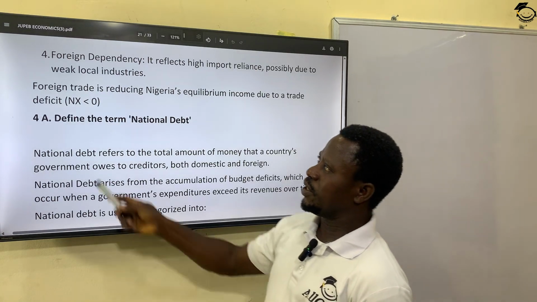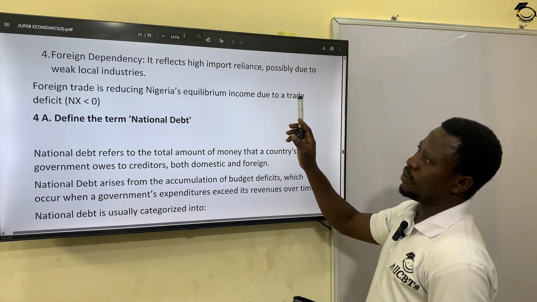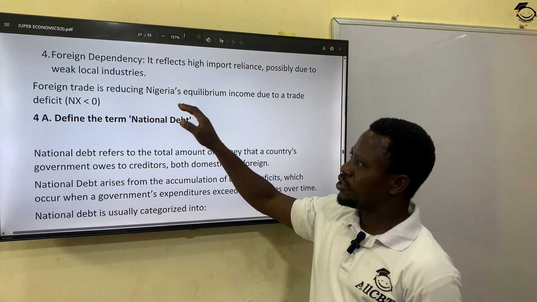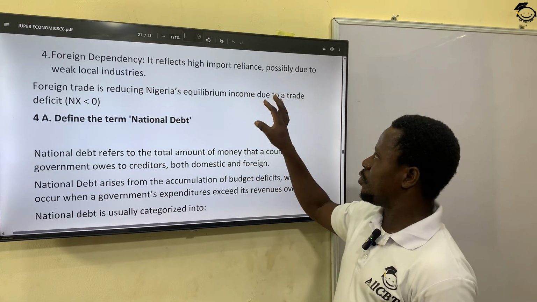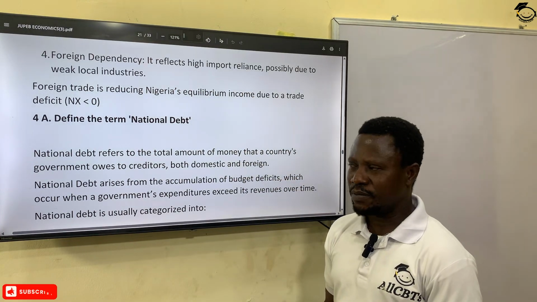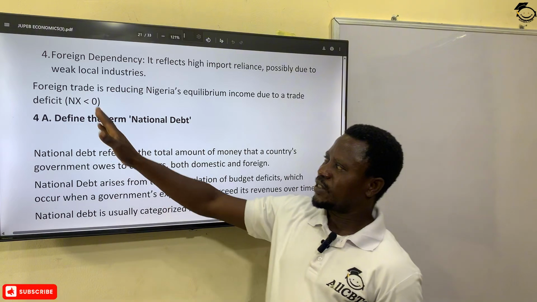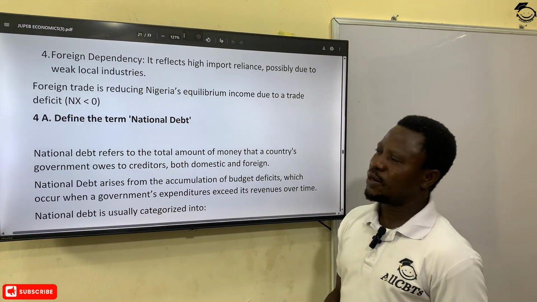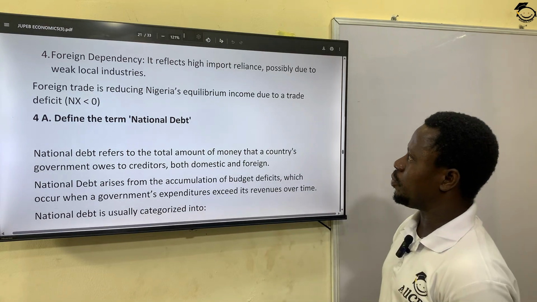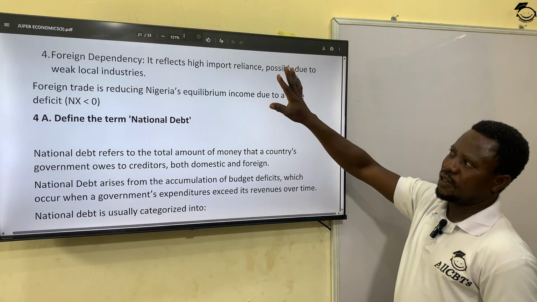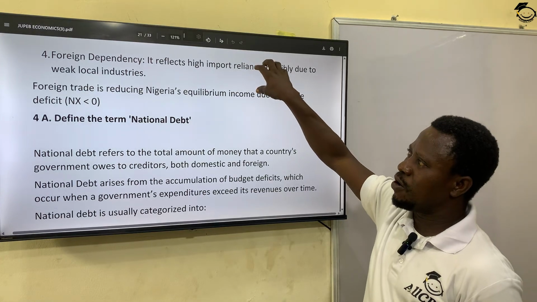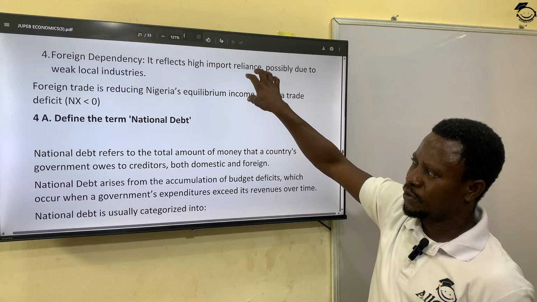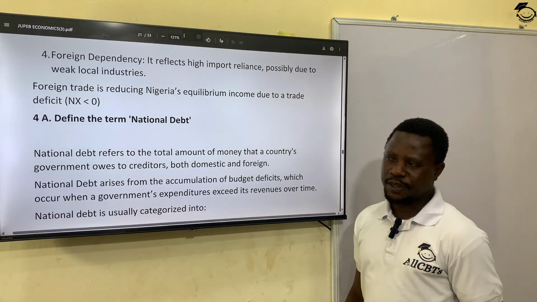So at the end of the day, foreign trade is reducing the equilibrium income due to a trade deficit. Our income is reducing year by year because we have a deficit trade. It's supposed to be increasing, but because our net export is lower than zero, we are losing out in our equilibrium income. So these are the effects of that income model of the Nigerian economy that the examiner was asking you to present in number 3.